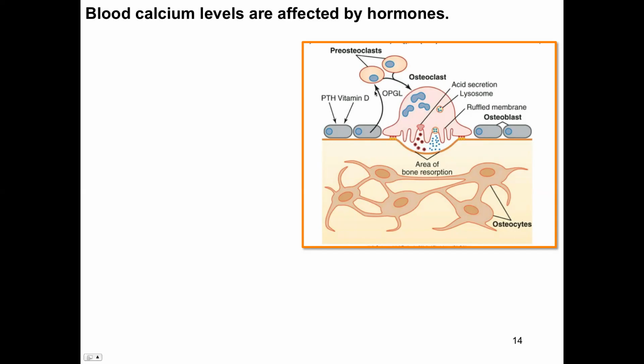I don't even mention the other hormone here. Calcitonin is missing. But the main hormone is parathyroid hormone, and vitamin D is also very active. That's why they didn't list calcitonin, because it's not as active in adults, all right? But we will go over that.